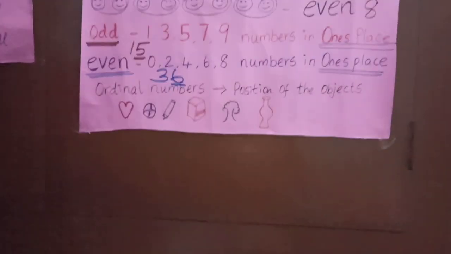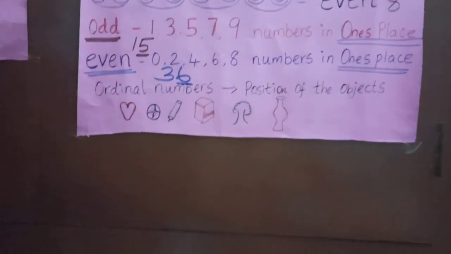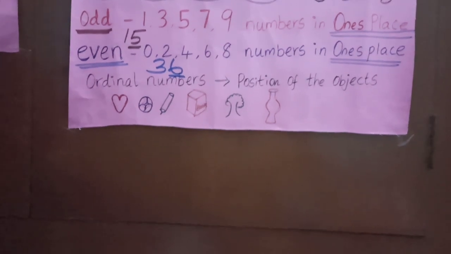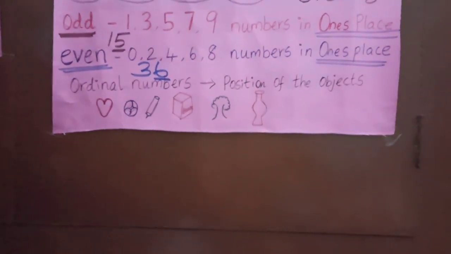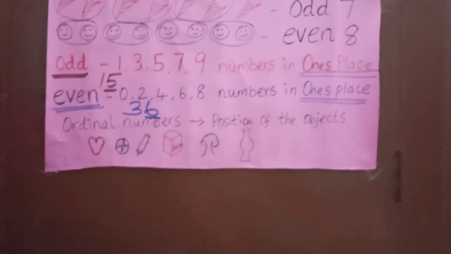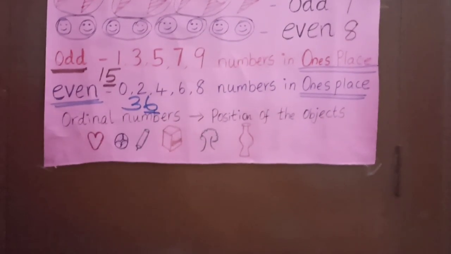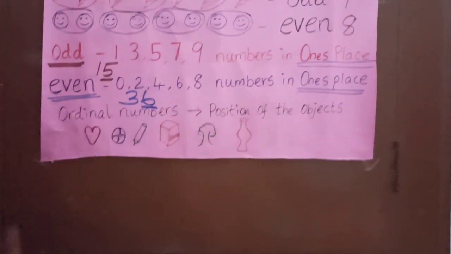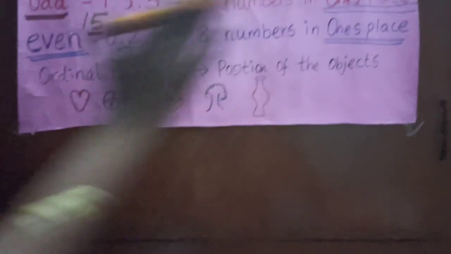Okay. All of you, can we count 1, 2, 3, children? 1, 2, 3, 4, 5, 6, 7, 8, 9, 10. Like that we will count. Okay, ordinal numbers are entirely different from this. Ordinal numbers refer to the position of objects.